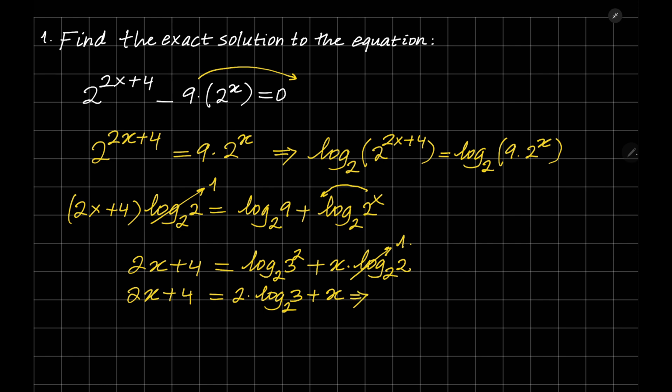If we move x to the left hand side here, then x plus 4 will be equal to 2 times log base 2 of 3, which implies that x is equal to 2 log base 2 of 3 minus 4.